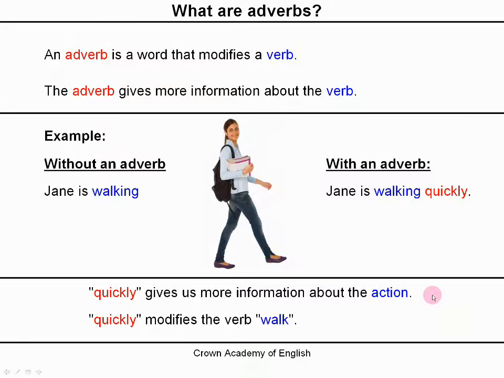So quickly modifies the verb walk. So this is the action, walking, and quickly tells us how Jane is walking. Gives us more information, more details. Okay, so that is the definition of just a normal adverb.